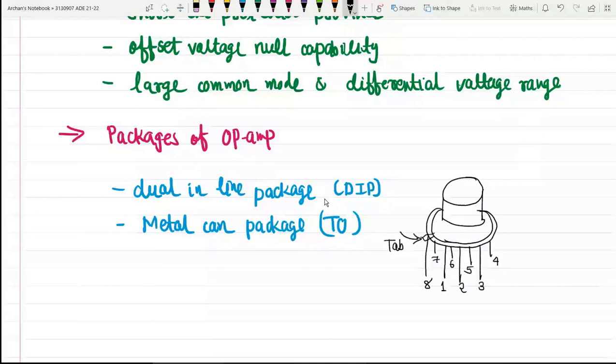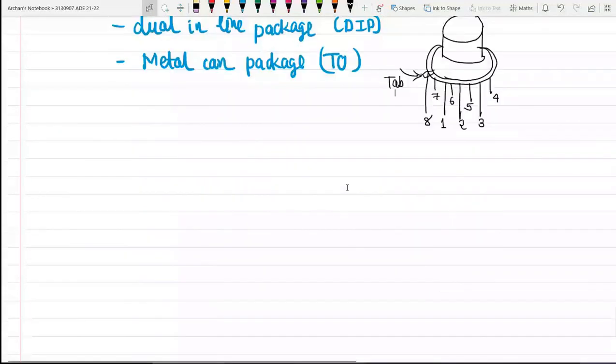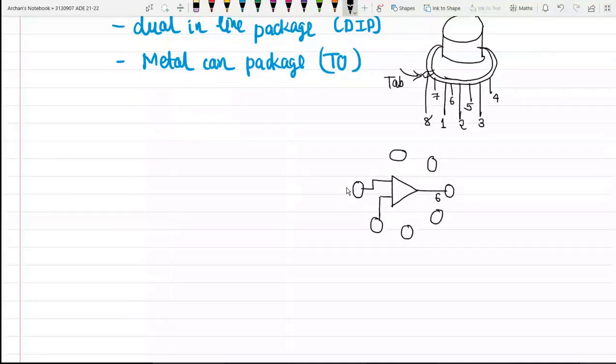If you see the top view, suppose I have the operational amplifier in this case. We will have pin number 6 as the output, so this will be my output pin. Then we have input pin number 2, and similarly pin number 3. Then pin number 4, pin number 5, this is pin number 6, this is pin number 7, this is pin number 8, and pin number 1.